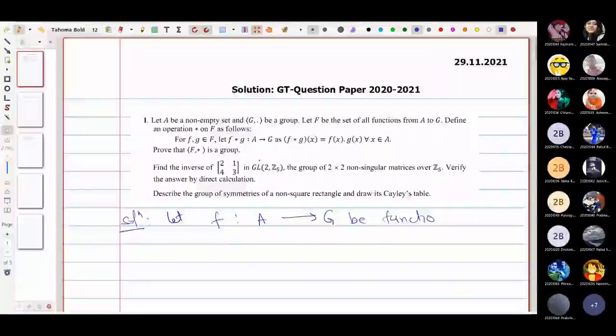It means that f should be well defined, and it satisfies all the necessary requirements for f to be a function.